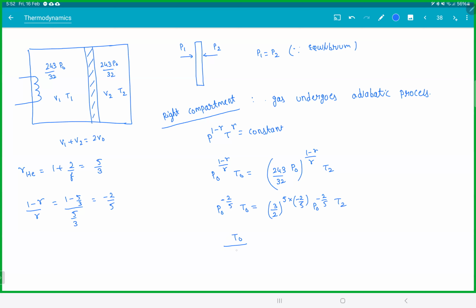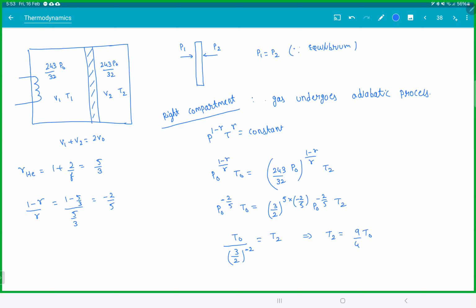You end up with 3 by 2 whole power minus 2, so when it goes up, it becomes 4 by 9 T naught. Check. That's the reason the numbers are so weird. 243 by 32 is given so that it will cancel off.